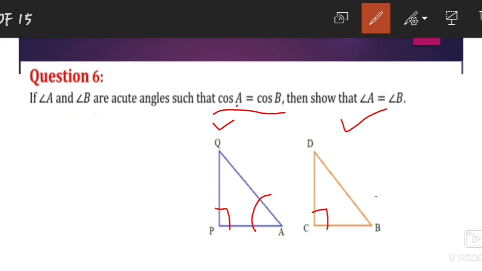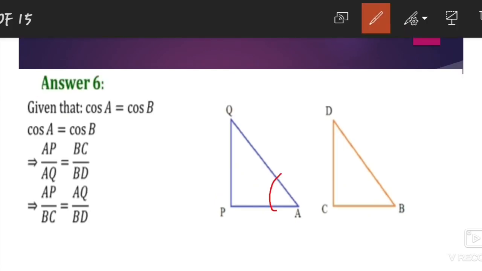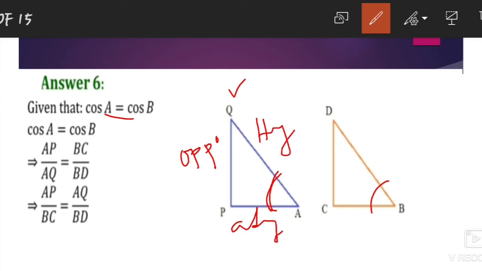Now given that cos A is equal to cos B, from the first figure, if I consider A as acute angle, this is the opposite side, this is the adjacent side, and this is the hypotenuse. So cos A will be adjacent by hypotenuse, that is PA by AQ, or AP by AQ.